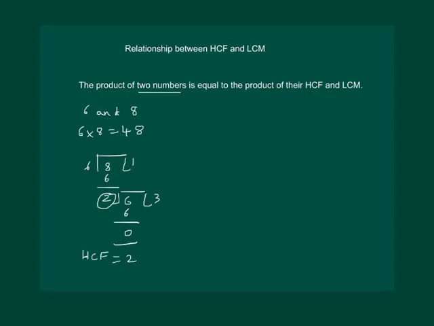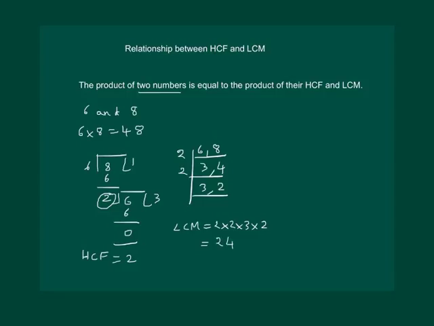Let us find the LCM. So LCM will be 2 into 2 into 3 into 2, that is equal to 24.